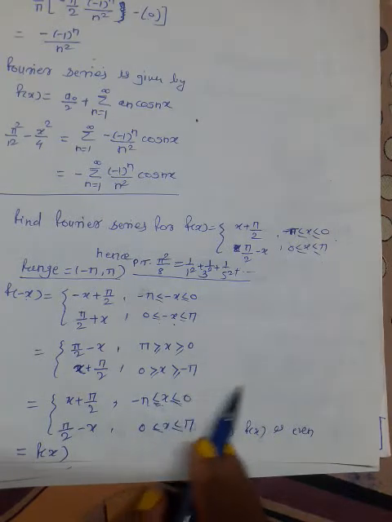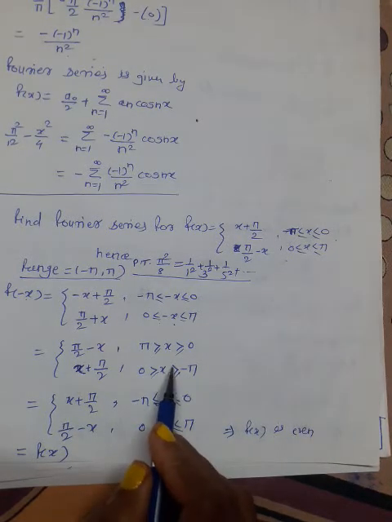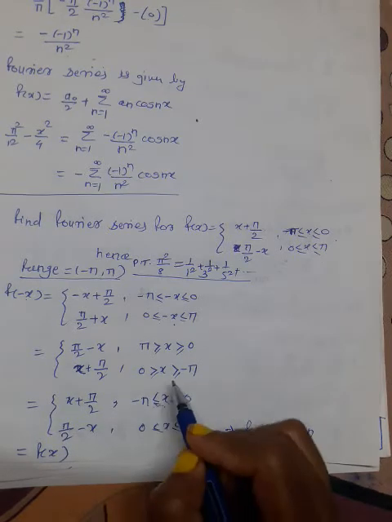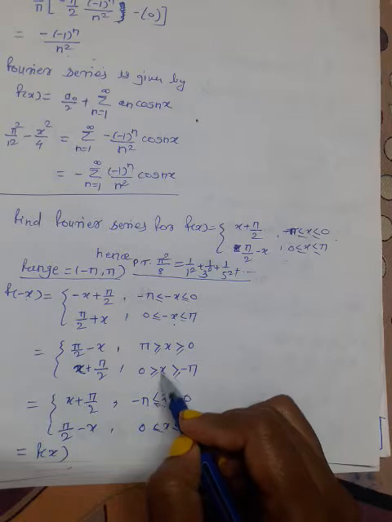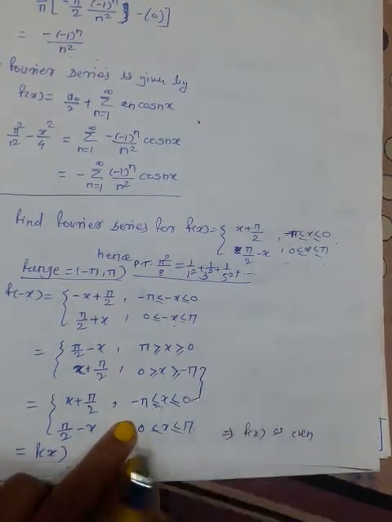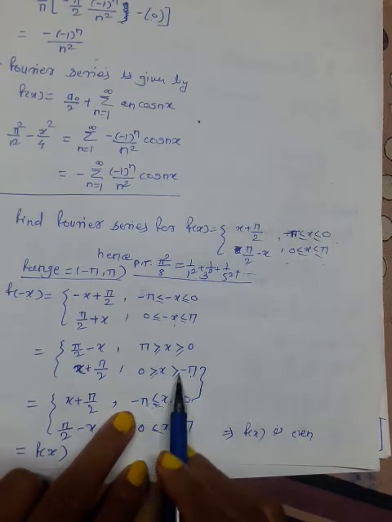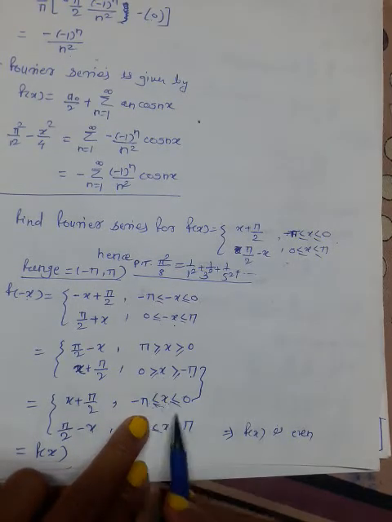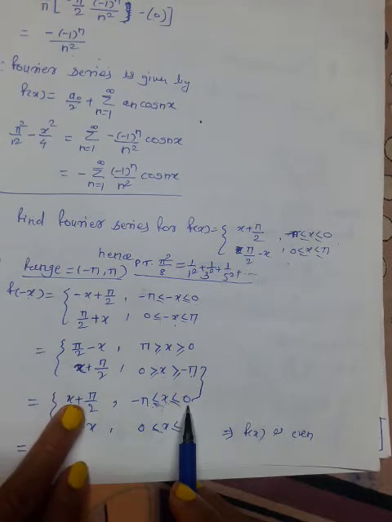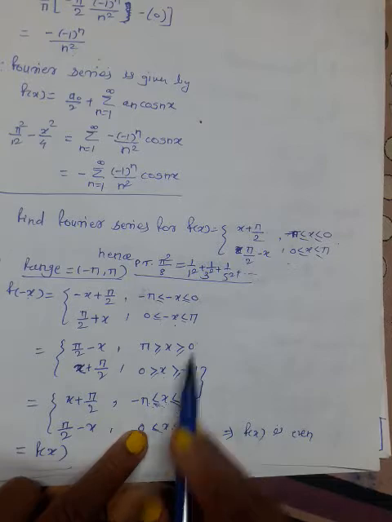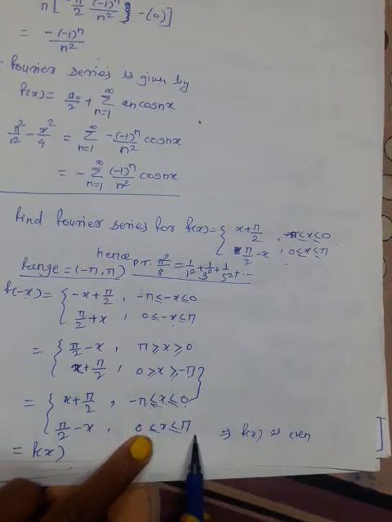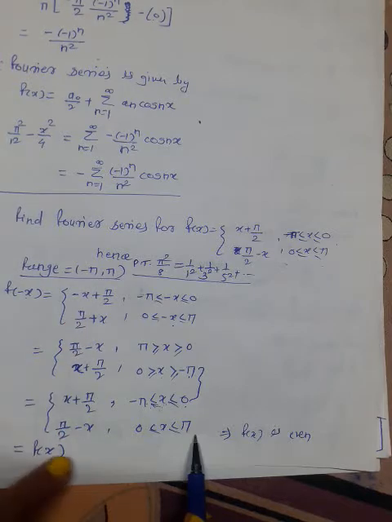Okay, now take this, minus pi is less than x, these two are the same. We are taking this minus interval first, it is the same. Minus pi is less than x less than 0, and for that the value is x plus pi by 2, and here also 0 less than x less than pi, for that it is pi by 2 minus x.